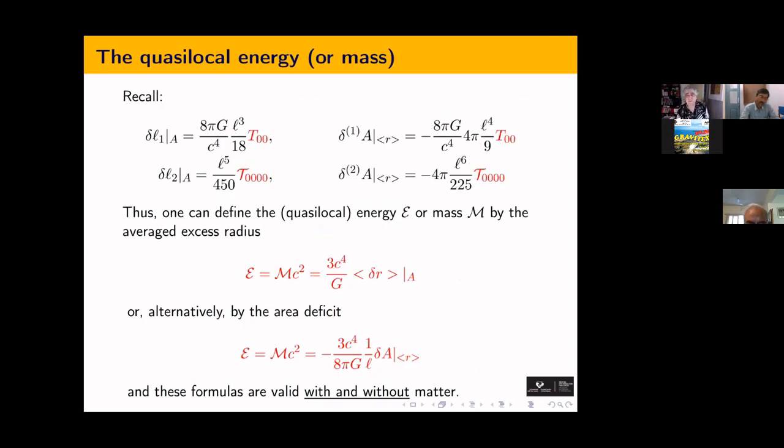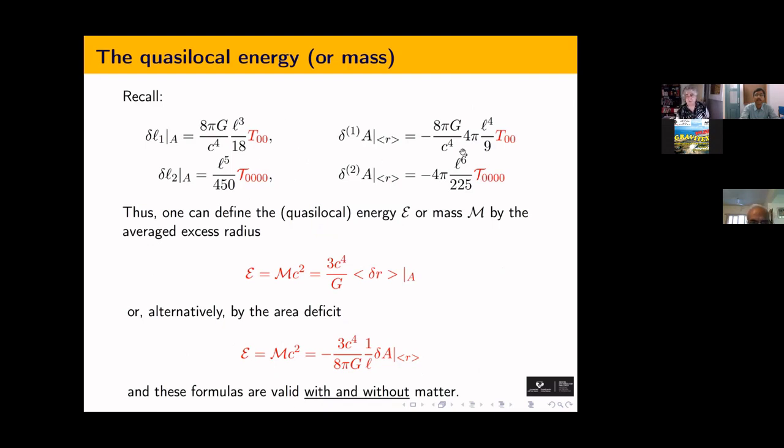So I'm now going to my last slides. So recall, this is what we got at first order for the variation of the spherical symmetric variation of the radius, keeping the area constant, and the deficit of the area, keeping the radius constant. These were proportional to the energy momentum, and this is what we got at second order if the energy momentum tensor vanishes.